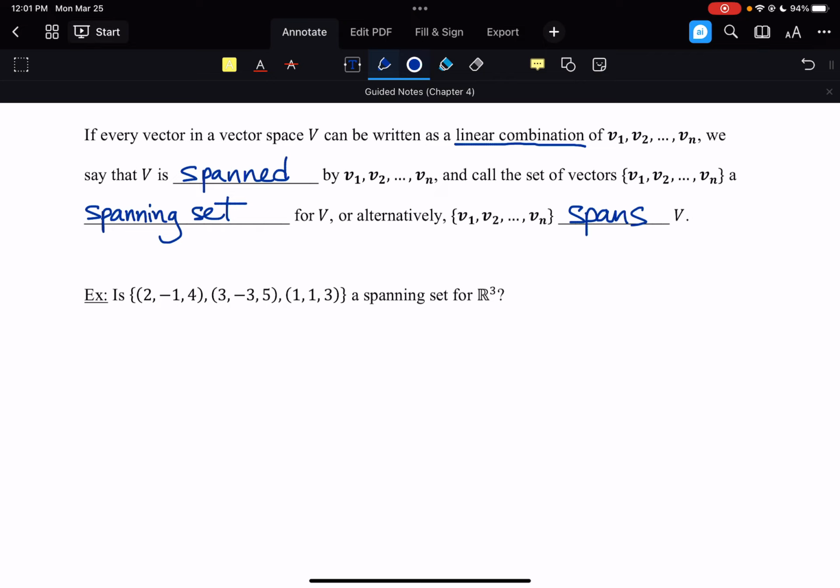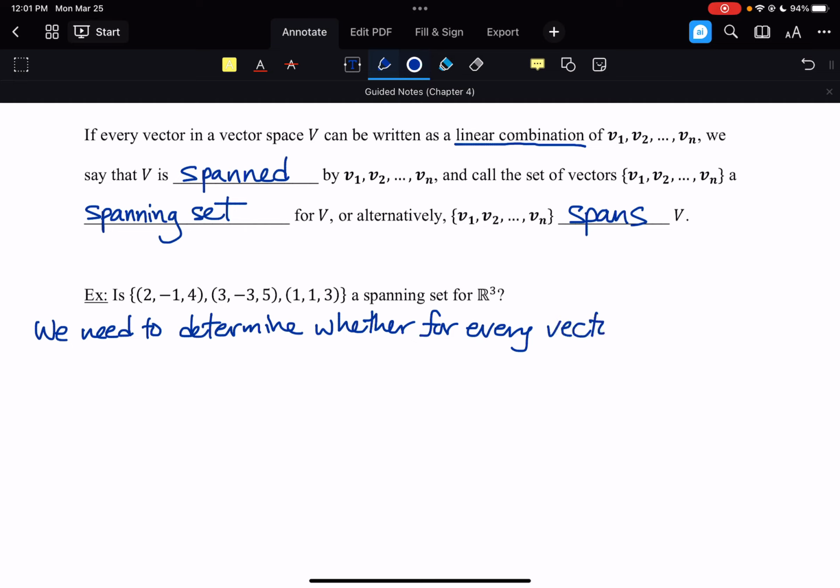What we're trying to figure out here is whether for every vector x, y, z in R3, we can create a linear combination of these three vectors to produce it, whatever it may be.